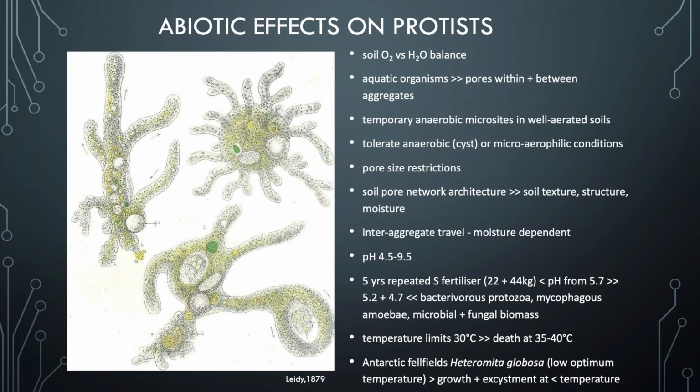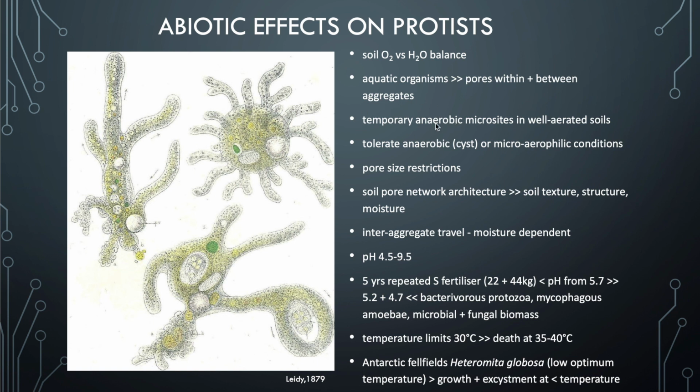Soil protists, like other soil organisms, depend on the abiotic conditions in the soil. So, for example, the level of oxygen and water and the balance between those two is very important to the survival and proliferation of soil protists. They are aquatic organisms by nature, so they live within pores and between soil aggregates.